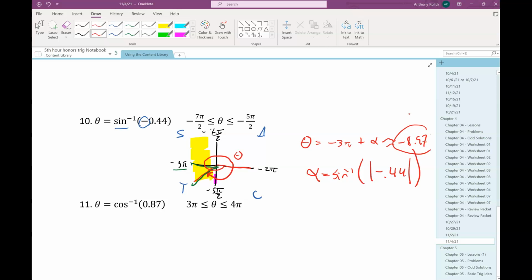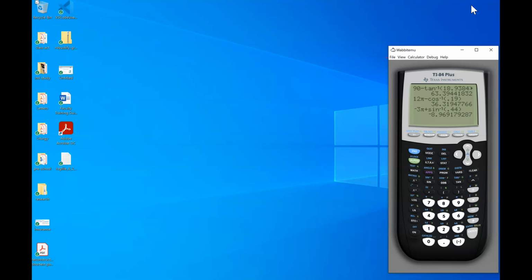When you're pulling things from the unit circle, you can't account for going around more than once because the unit circle is only giving you things between 0 and 2 pi. On this problem, I can account for going around more than one time by just labeling my axes. Oh, yeah.